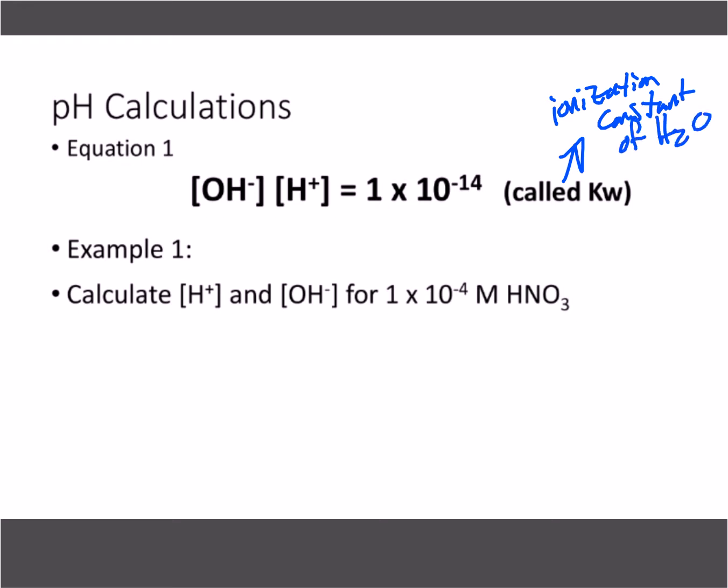Water is something that will self-ionize slightly. It doesn't do it a lot or really strongly, but it will self-ionize, making the hydrogen ion, or really the hydronium ion, and it will make the hydroxide ion. Remember, back before break, water is unique because it can act as either an acid or a base.